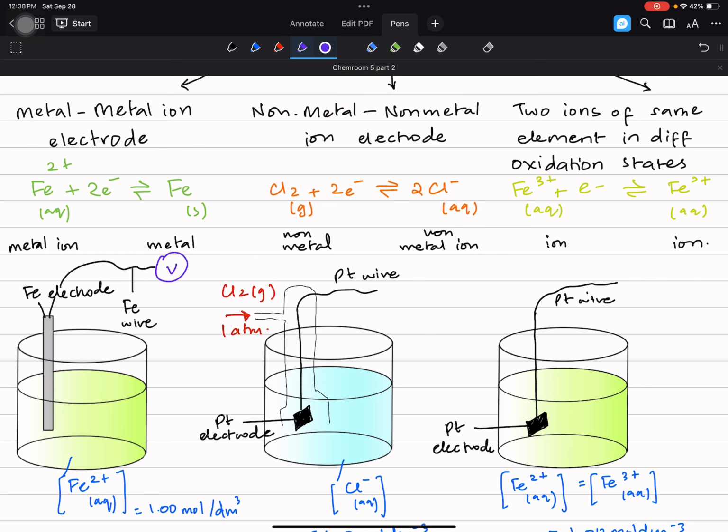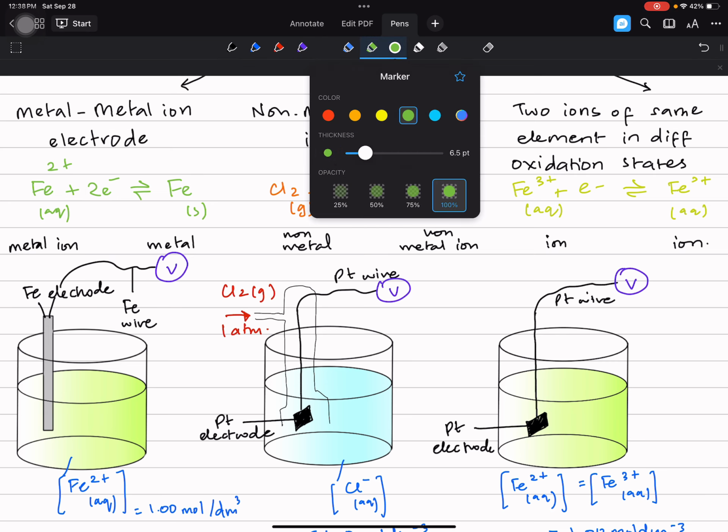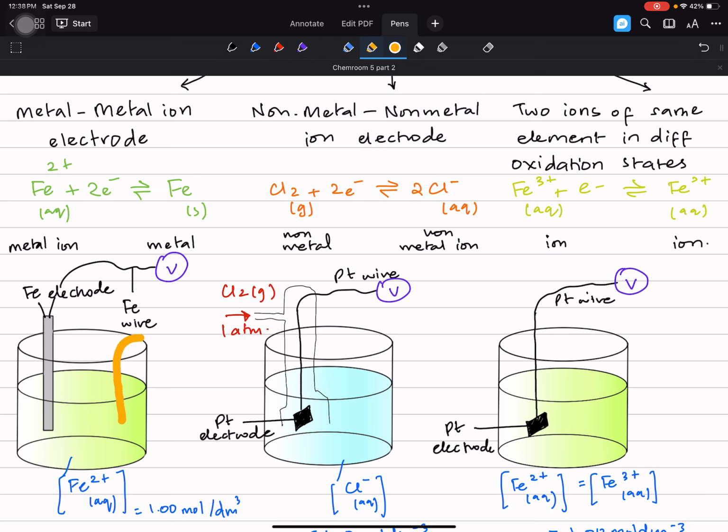Now, voltmeters should be represented in each category. These are electrodes, by the way. They can be completed with a salt bridge, and obviously on the other side you will have standard hydrogen electrode. These are half cells. These are not complete electrochemical cells.